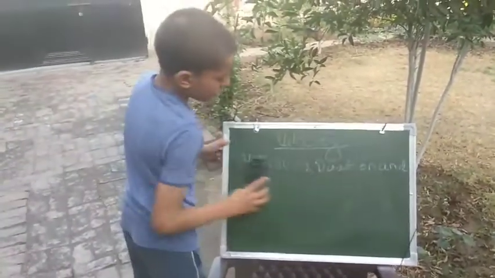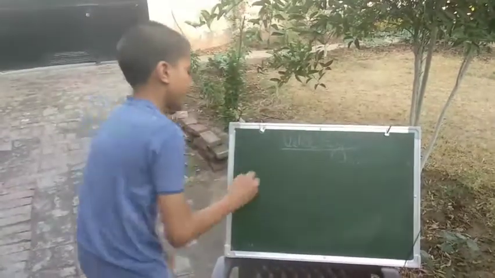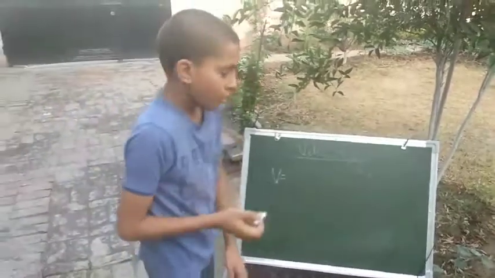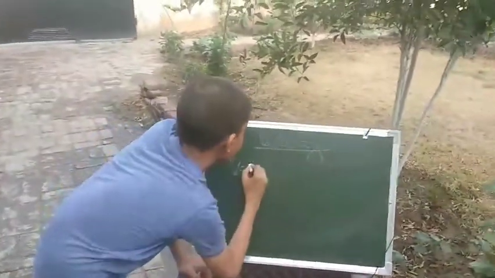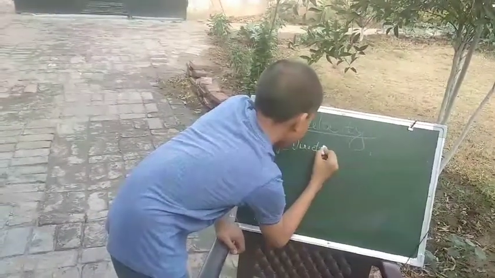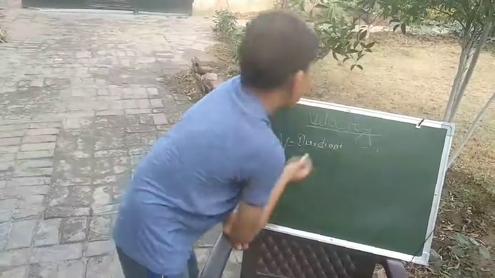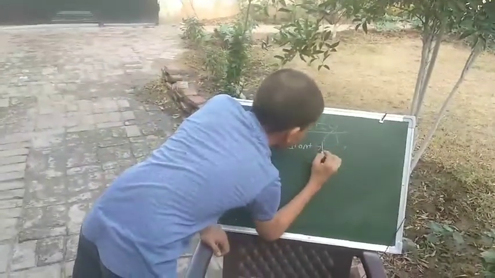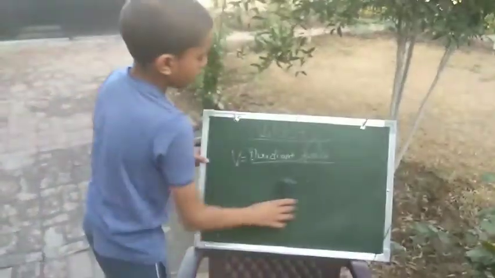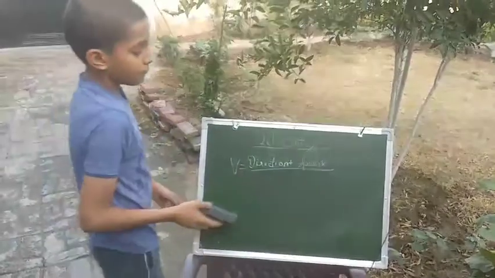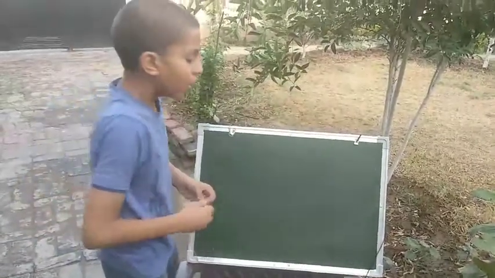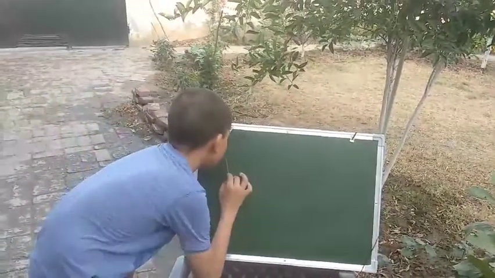So we say that we get v from our direction plus speed. Okay. Direction plus speed. Okay, and the formula to find out the velocity is v.